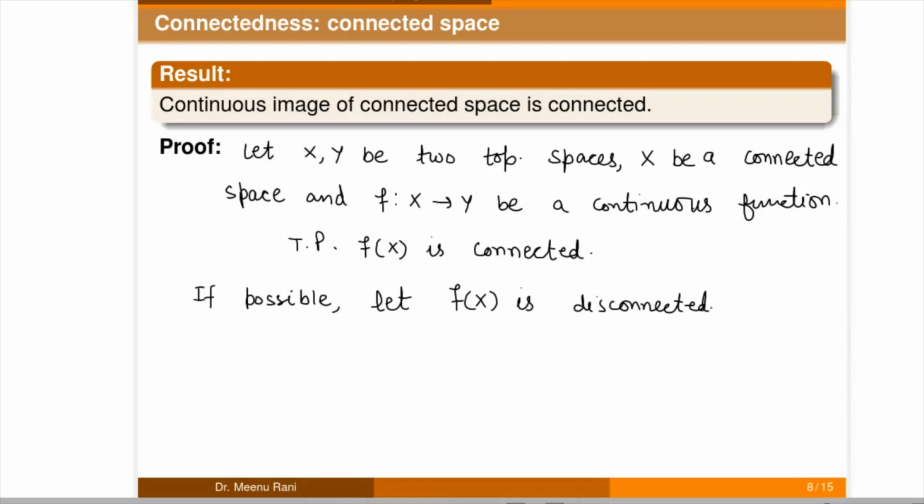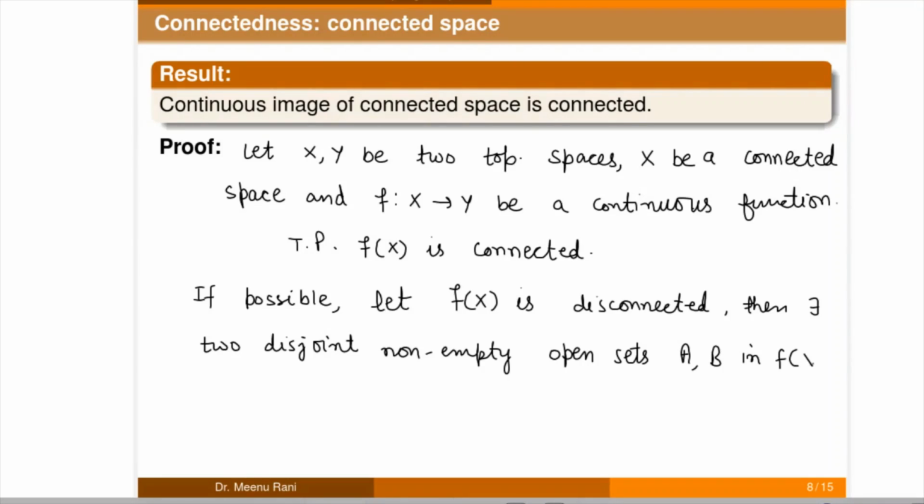So from the definition of disconnected, there exist two disjoint non-empty open sets. Let us take A and B in f of X such that f of X can be written as A union B, and these are disjoint.